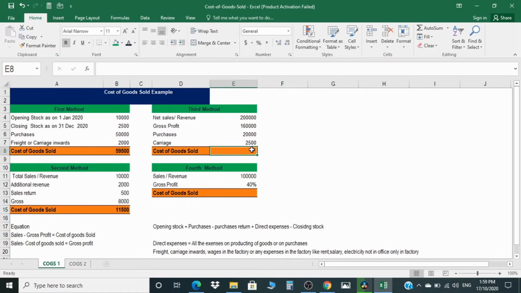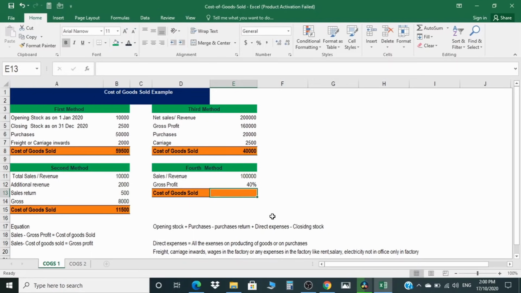Okay, we go for the third cost of goods sold. We have a sale here, a gross profit here, purchases here, and carriage inward here. But I told you, if you have a sale and the gross profit, you don't need purchases and the carriage, because you get your gross profit after deducting purchases, so it's already deducted. Just go by revenue minus gross profit, and you will get your cost of goods very easily.